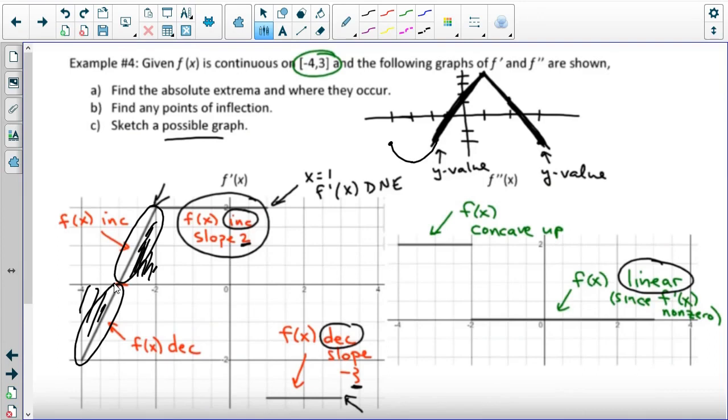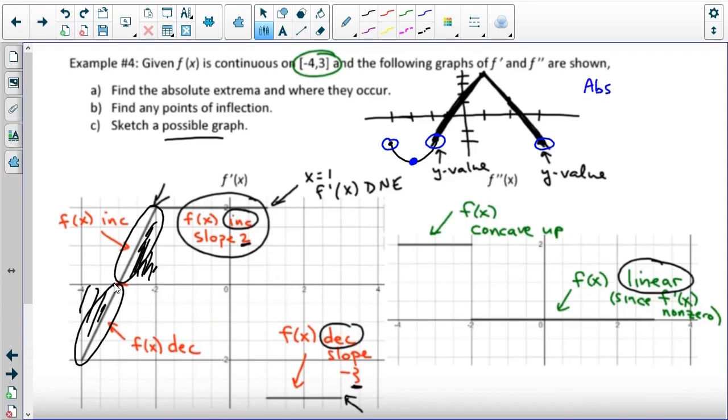So when I look at the graph, I can then answer the questions. The absolute extrema of this function, even though I don't know what the y values are, since I just picked some random y value to start, shows up 3 times. I don't know what the y value of these absolute extrema are, but I do know where they exist.